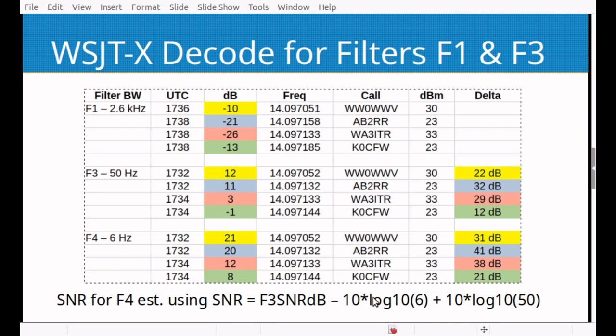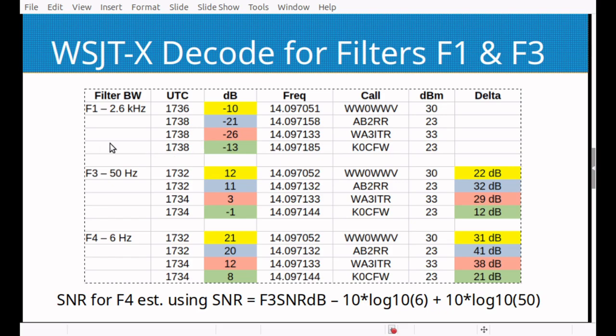And this is the equation that's used to take the results from the 50 hertz F3 filter and translate them into 6 hertz. And what we find is there's an almost 40 dB difference, anywhere between 20 and 40 dB difference between the signal-to-noise ratio that would be measured with a 6 hertz filter as opposed to a 2.6 kilohertz filter.